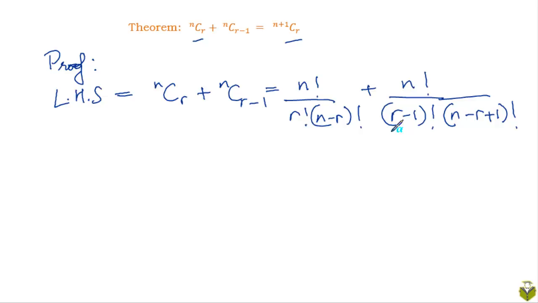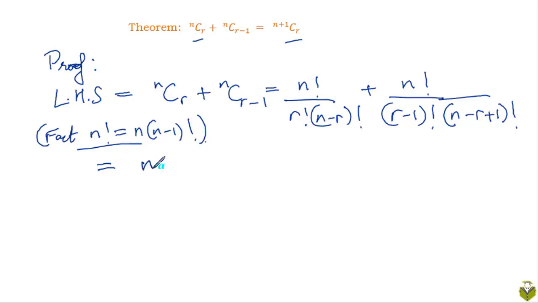For r factorial, we know that n factorial is equal to n into n minus 1 factorial, right? This is something which we'll use to find the common factor. So in the first expression, I will use r into r minus 1 factorial, because r minus 1 factorial is there in the second expression's denominator.